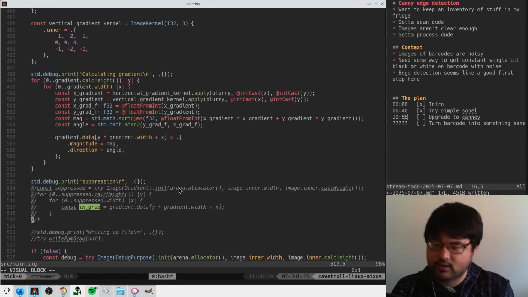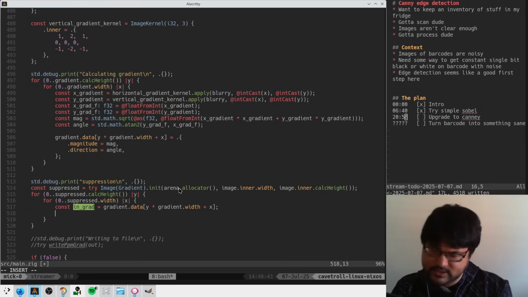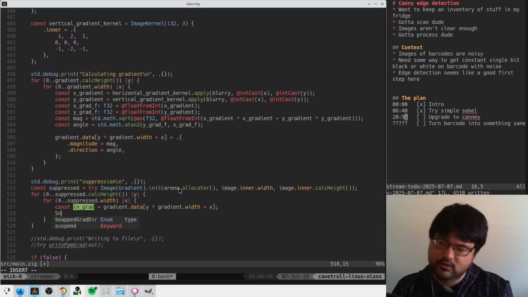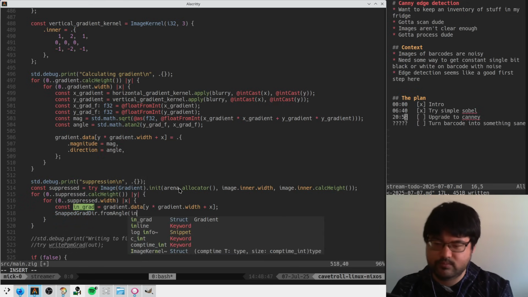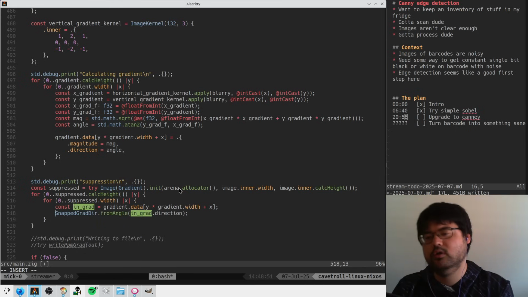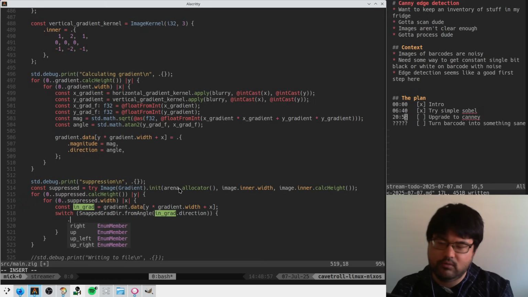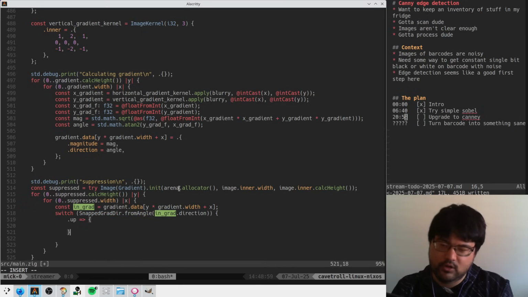So we take the input gradient, we try to snap it to one of those directions. And we probably do something based off this. So if it's up, we sample above and below.